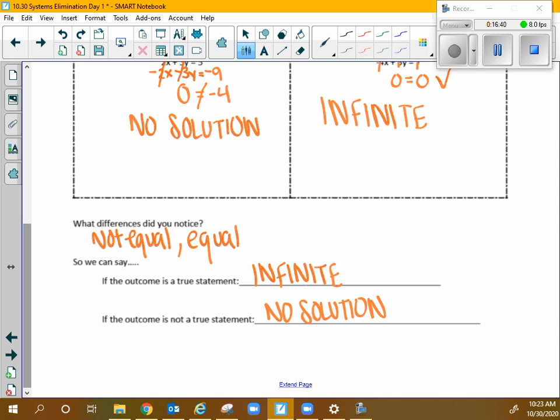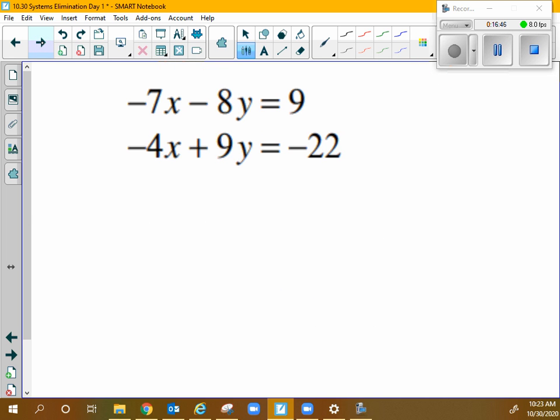Okay. So, Colin, now I'm going to address that question that you asked. What happens? This is not on your paper, so you can just write it on the bottom corner of your homework, maybe the bottom right. -7x minus 8y equals 9, and -4x plus 9y equals -22.